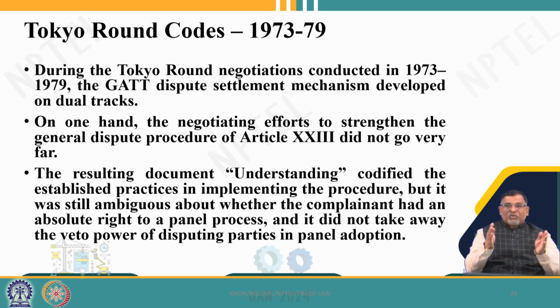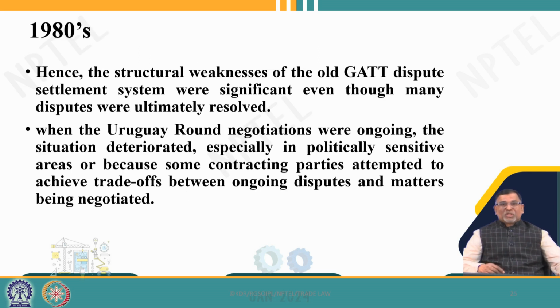But some of the provisions were ambiguous, and whether a complainant has an absolute right to ask for the constitution of a panel or not was not clear. And what would happen to the veto power of members, and how the panel reports are adopted, was not clear. So, that particular understanding code was not adopted in the Tokyo round of negotiations. But the Tokyo round of negotiations opened up dispute settlement in each and every agreement.